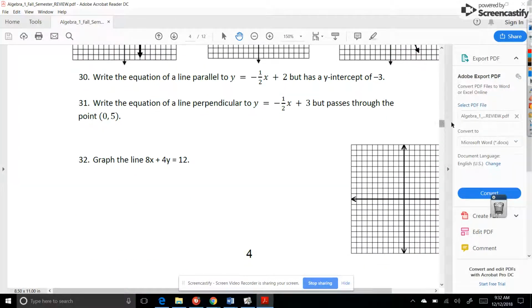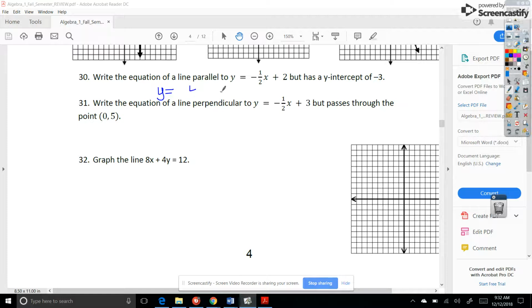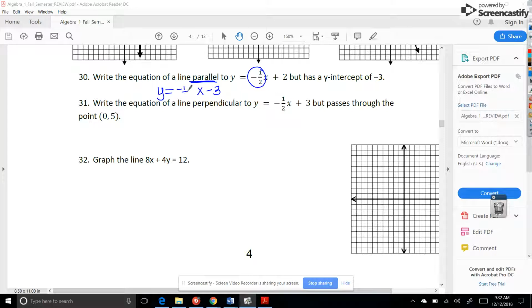All right, number 30, write the equation of a line parallel to y equals negative 1/2 x plus 2, but has a y-intercept of negative 3. So I know, oopsies, why did I write that? Parallel means same slope.